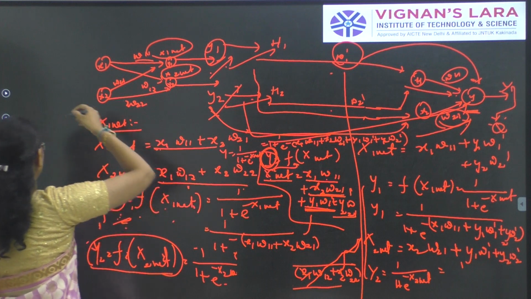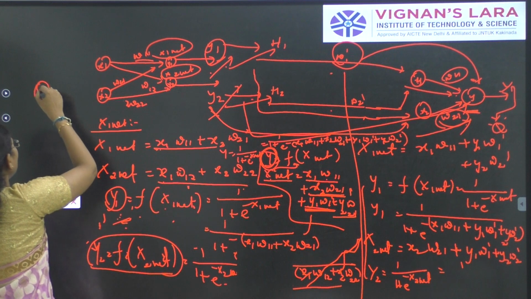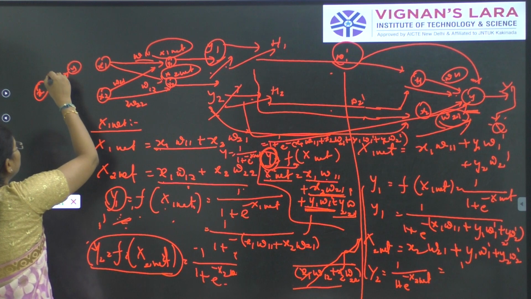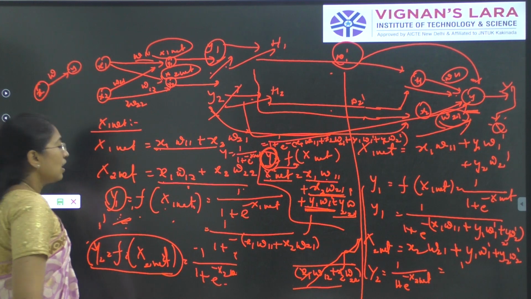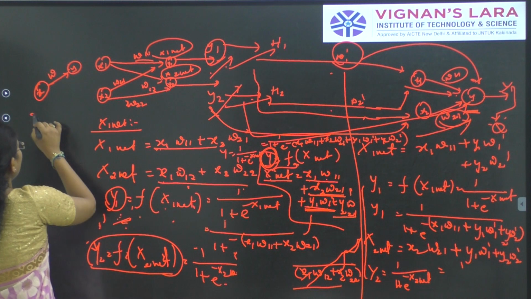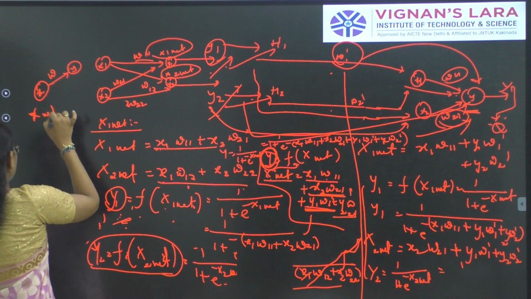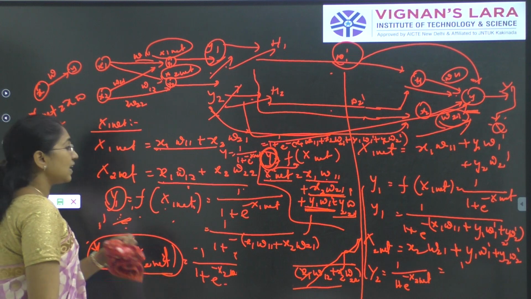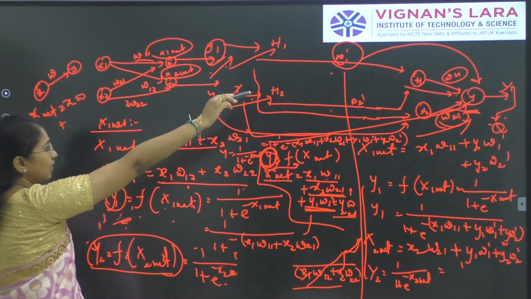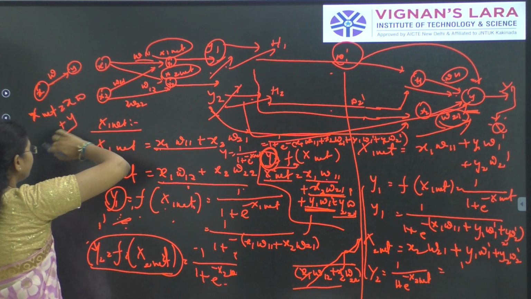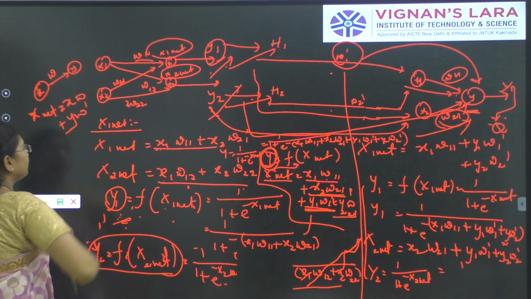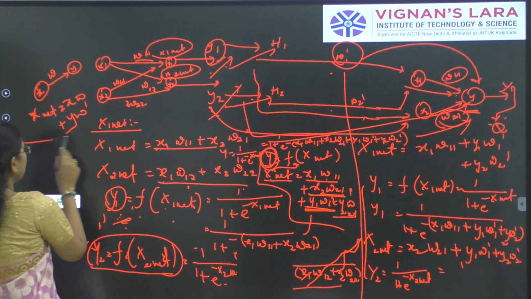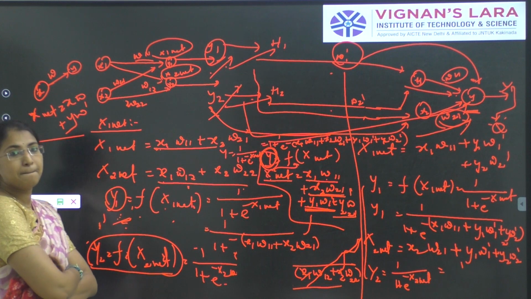After some time, you are designing a network having an input of x and output of y through a weight of W. And here you will calculate x net, which is x into W plus some information. What is that information? That y through W dash is being added as one of the inputs to this network and calculating x net.